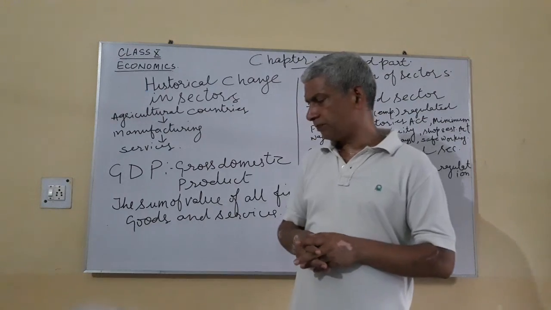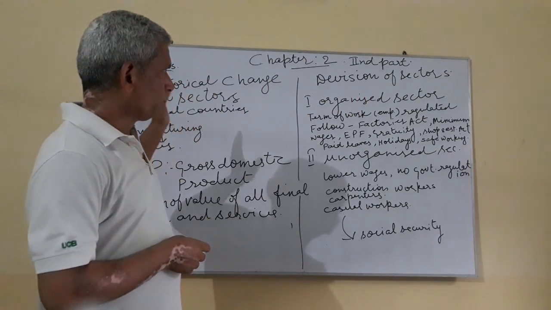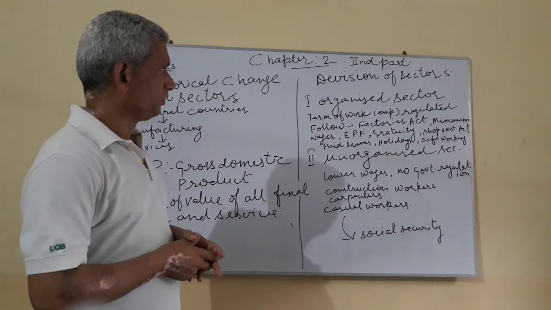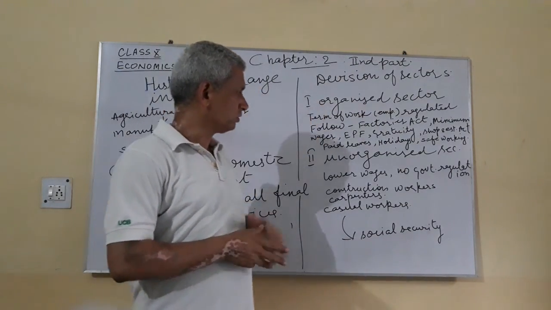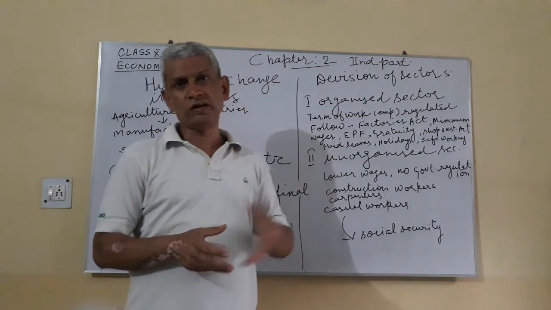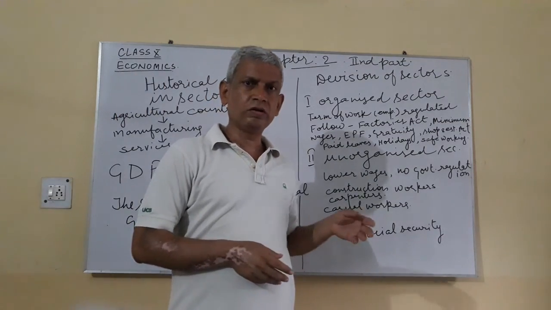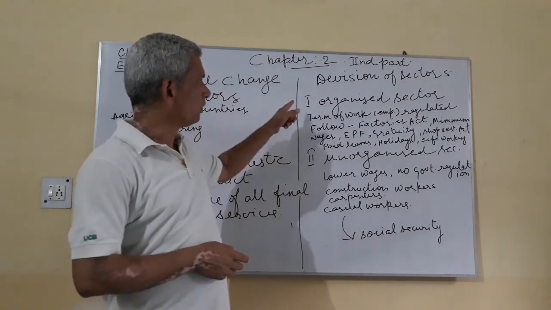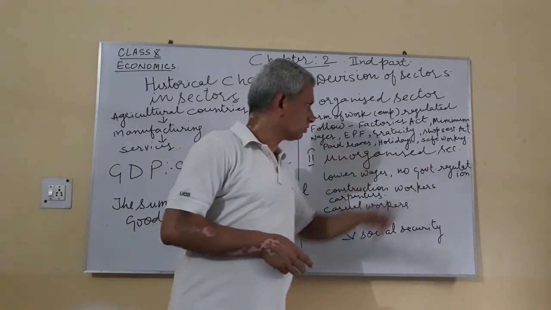Now let us see a further division: the division of sectors into organized and unorganized sectors. We have divided earlier into primary, secondary and tertiary. Now in this part we will divide it into the organized sector and the unorganized sector.